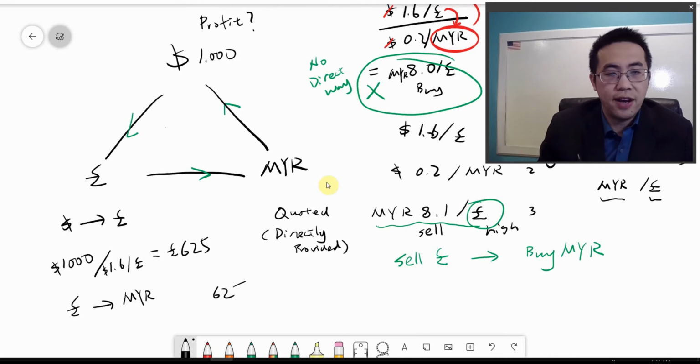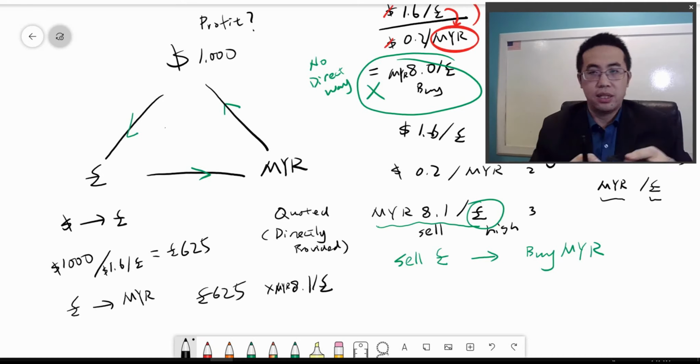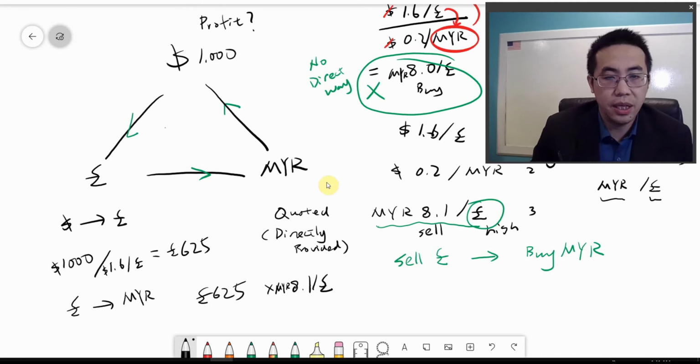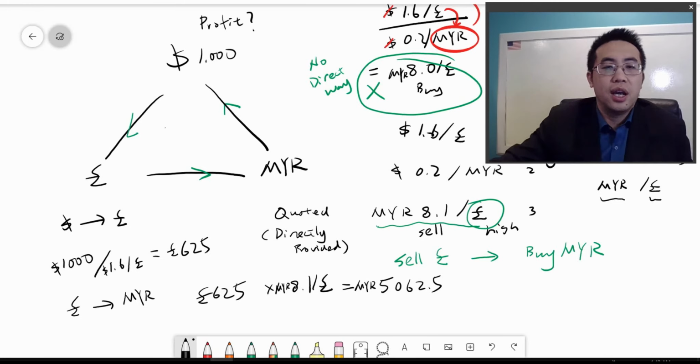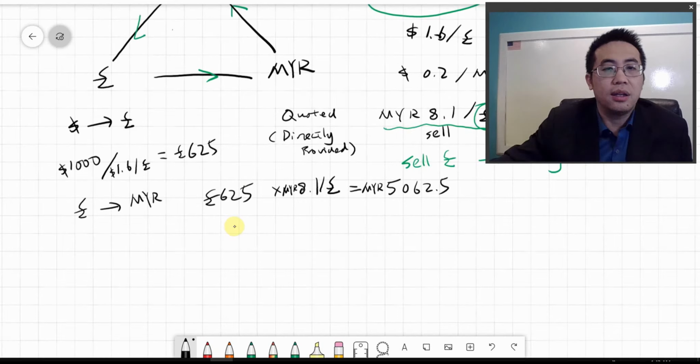So 625 pounds multiplied by 8.1 ringgit per pound. Let me use my cell phone as a calculator. That's going to be 5,062.5 Malaysian ringgit.